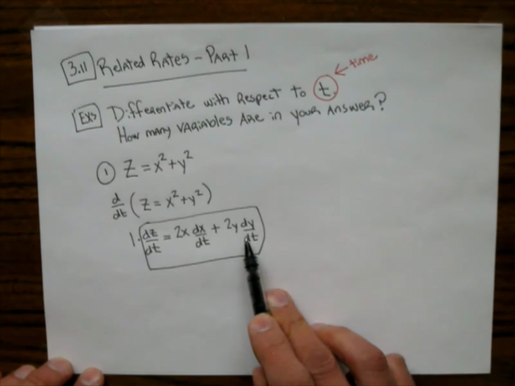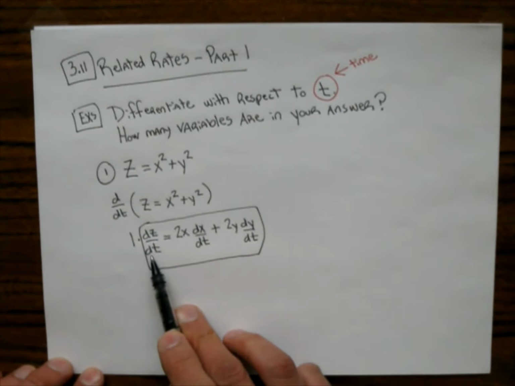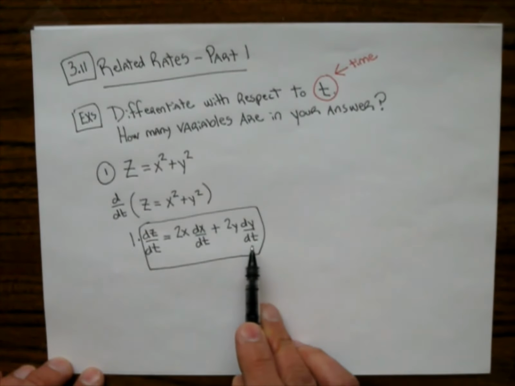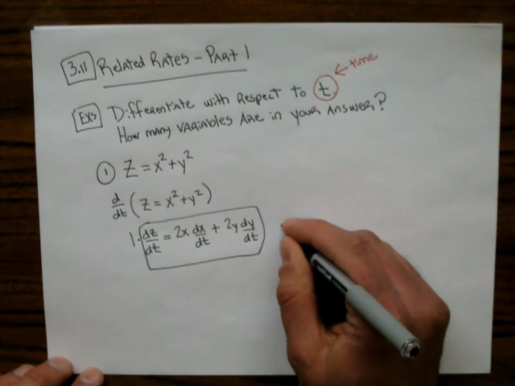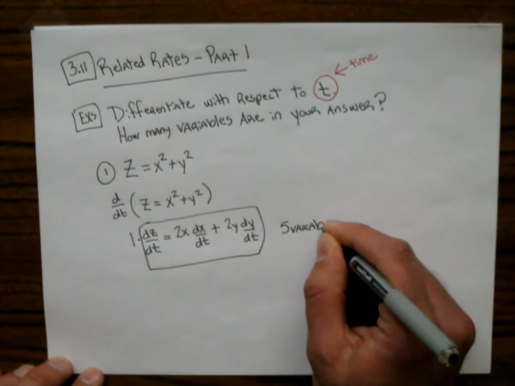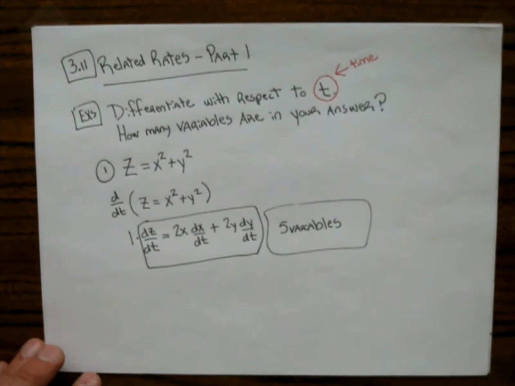So that right there is a variable, and same with the dx dt and the dz dt. So I'll count them. 1, 2, 3, 4, 5 variables. And so that answers that question.